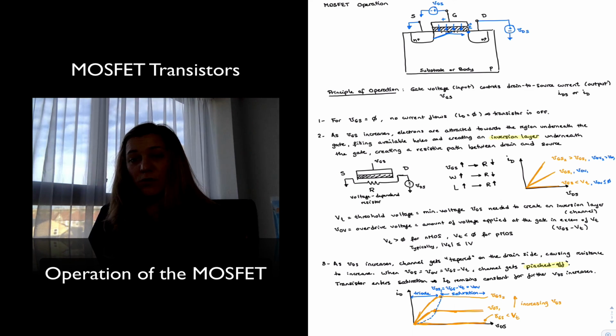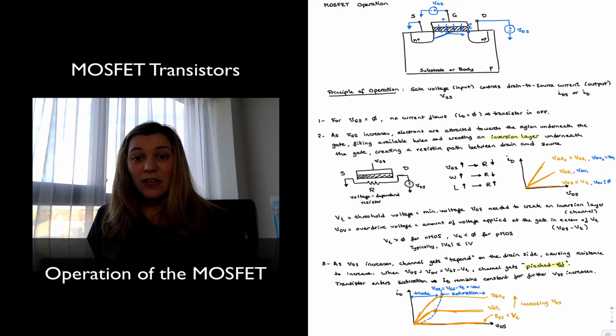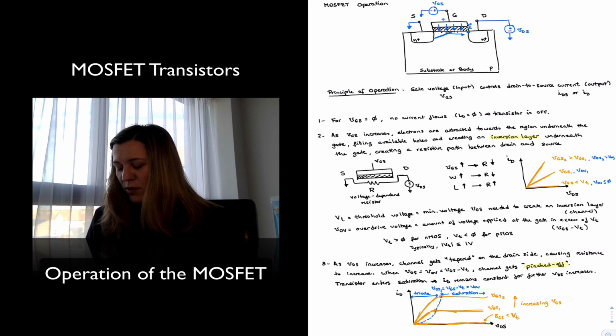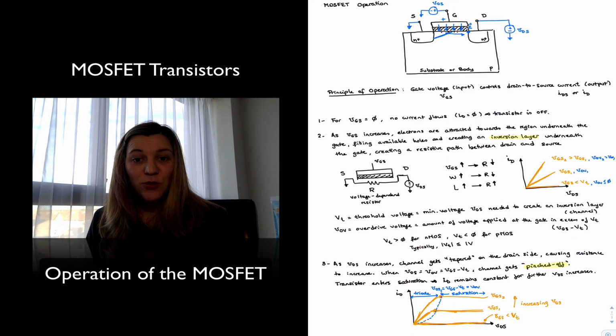The triode region is often referred to as the linear region. I'm typically going to refer to it as the triode region so that we don't get confused with the BJT transistor, where we call the linear region what in the MOS transistor we call saturation.